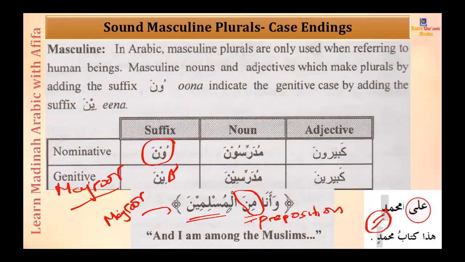So how do we show the majroor? It was muslimuna, it has become muslimina. The only change is that the waw became a ya. So mudarrisuna is marfu' and mudarrisina is majroor case. The change was denoted by a ya instead of the waw.